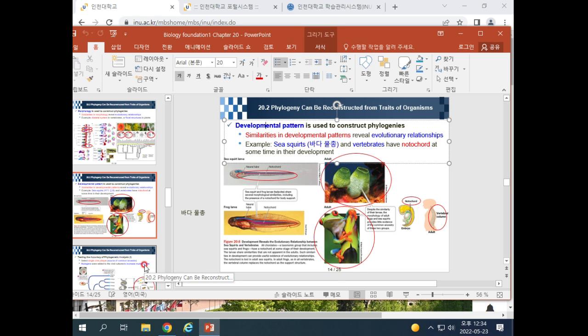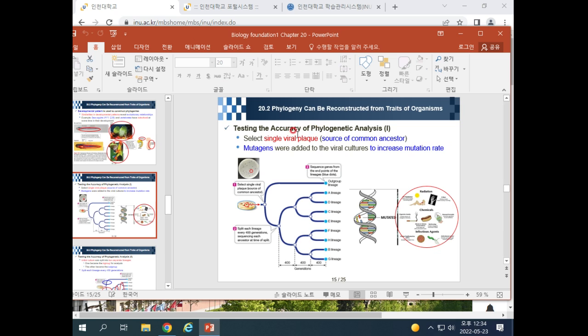So our question is whether the phylogenetic tree is accurate or not. I will show you one example. In this slide and the next slide, we tested the accuracy of the phylogenetic trees.